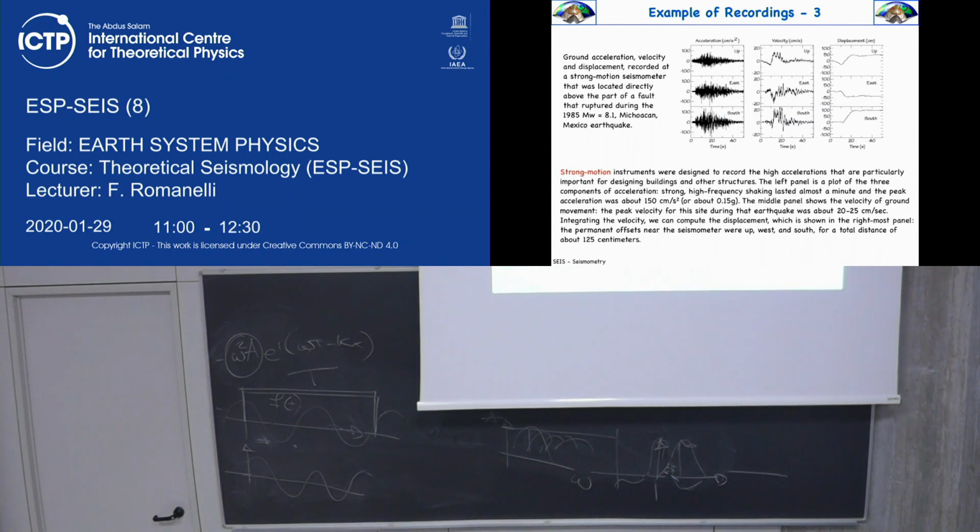Now, why is this signal so important? Because usually we do not look at this for this event. And I hope to be able to show you this recording in Mexico City. Mexico City is located more than 300 kilometers from Michoacan. You would say 300 kilometers is a huge distance.